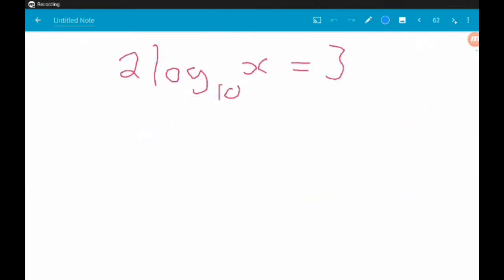Okay, now we're going to take a look at a few examples where we start with a logarithm on one side and we want to solve for x, which is stuck inside of the logarithm. So for these, it's important to remember that logs and exponentials are inverses of each other.